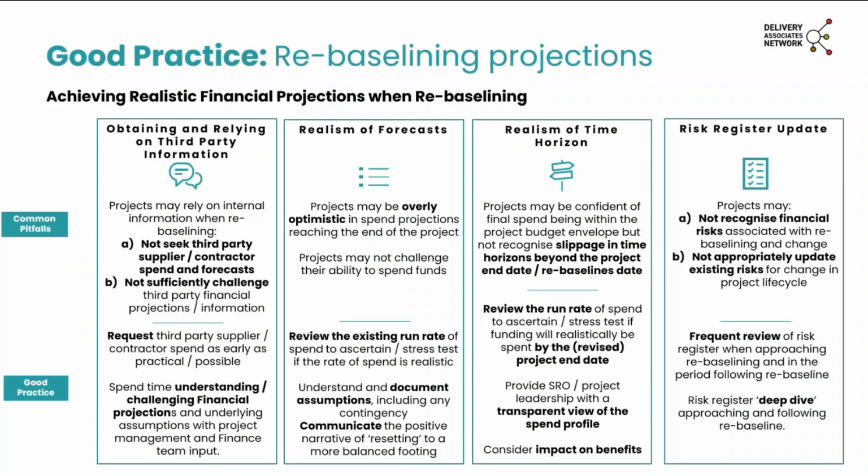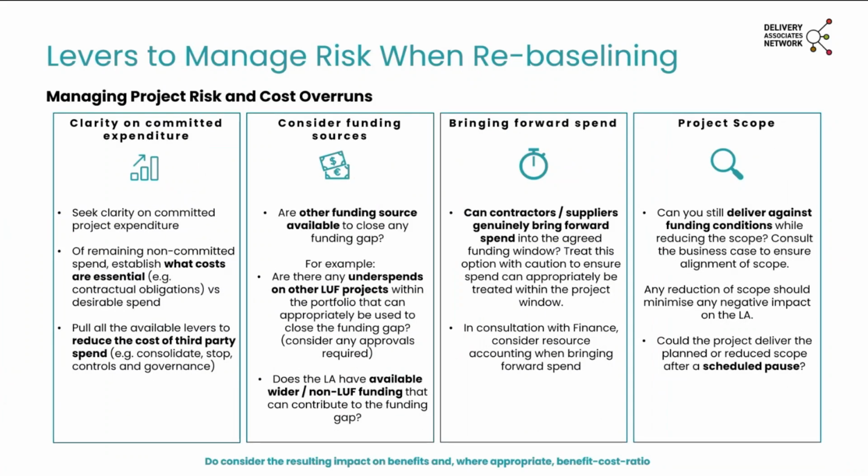But secondly, to make sure that there are no missing risks from your risk register. So perhaps some of those factors which indicated that a budget rebaseline is necessary may not have been captured on the risk register. We see that quite often. So making sure that your risk register is full and up to date.